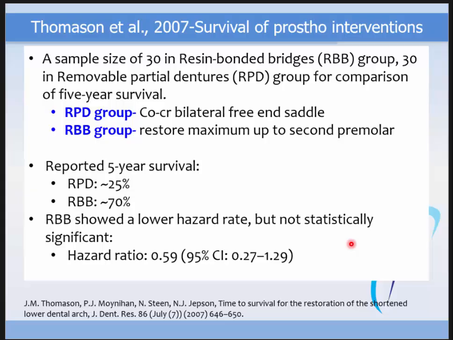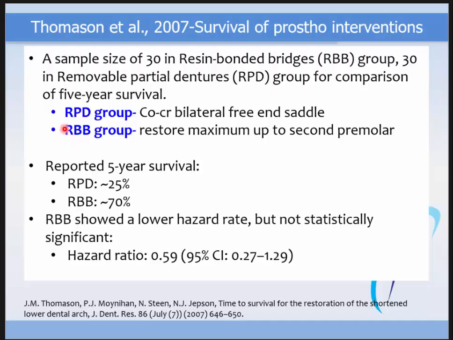Then as we improved, instead of a cantilever bridge, we have more resin cement, and also the RBB has come into the prosthodontic treatment options. In 2007, instead of a distal cantilever bridge, they provided the patient with this RBB, okay, and they restored up to the second premolar.